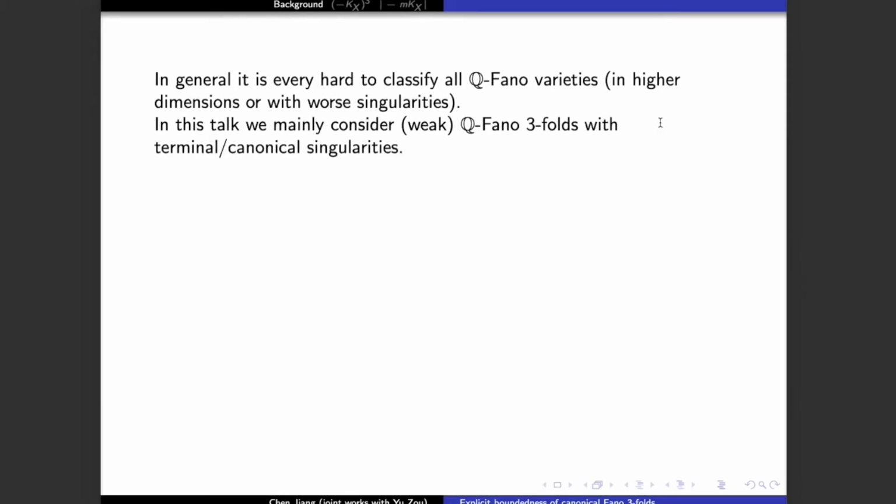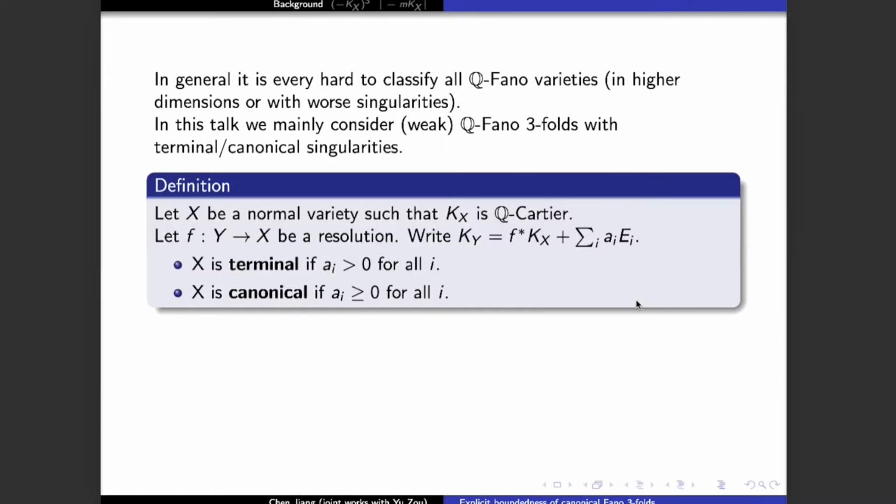So in this talk, as the title suggests, we are mainly interested in singular ones, but we are still in dimension 3. Okay, so let me define the singularities we are interested in. In general, we take X to be a normal variety such that K_X is Q-Cartier. Then we can detect the singularity of X by looking at a resolution.